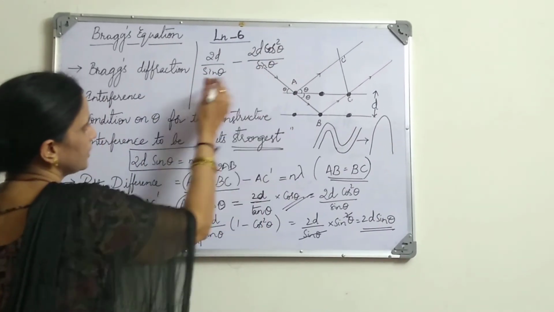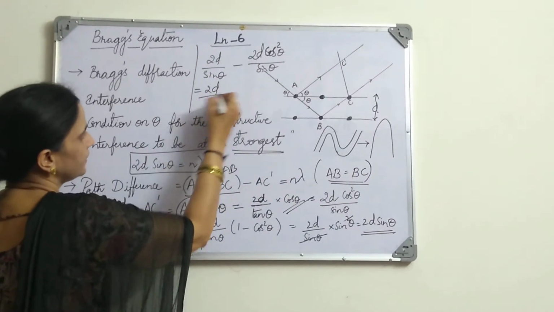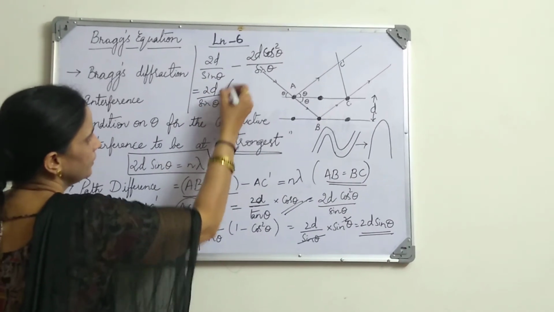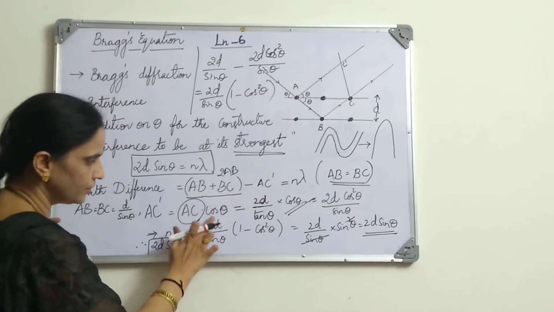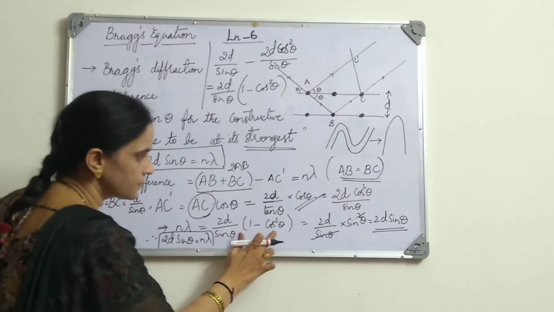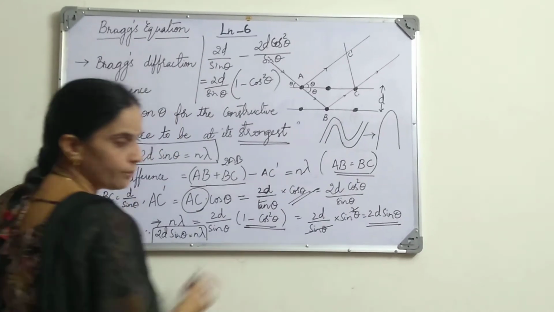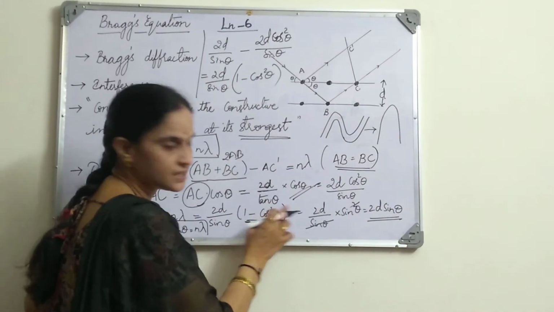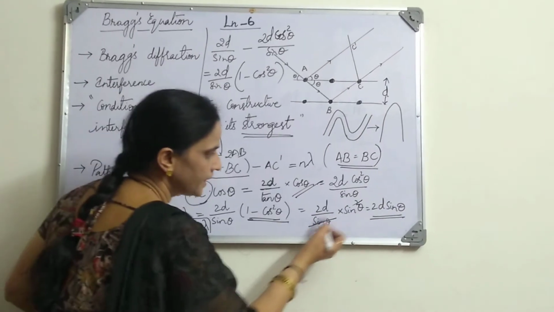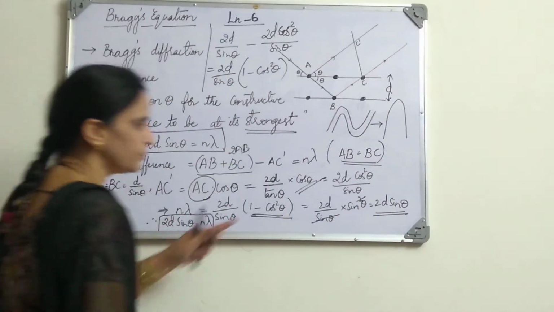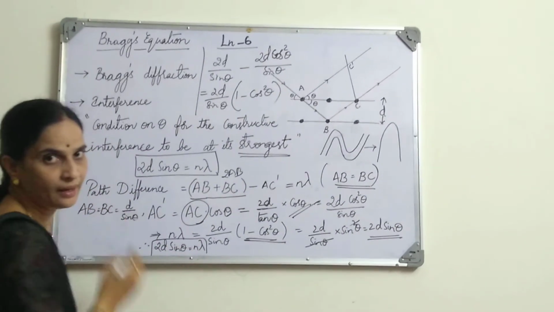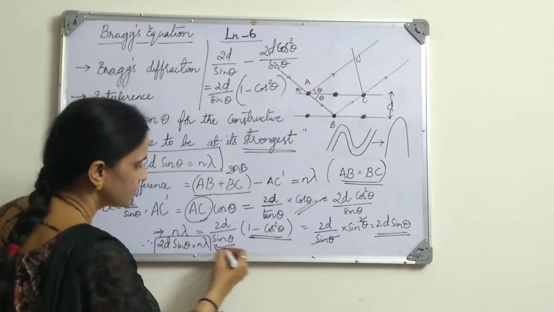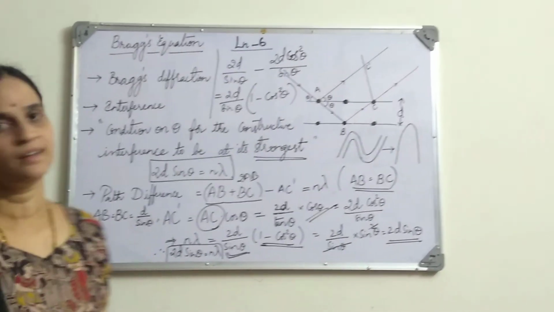But in these two terms, you have 2d by sin theta as a common term. Then 1 minus cos square theta, that's what I wrote over here, 2d by sin theta into 1 minus cos square theta. But basic trigonometric identities will tell us 1 minus cos square theta is sin square theta. Sin theta and sin square theta, one sin theta gets cancelled, and we get 2d sin theta. And 2d sin theta is equal to n lambda is the derivation for Bragg's law, which is the condition for X-ray diffraction patterns.